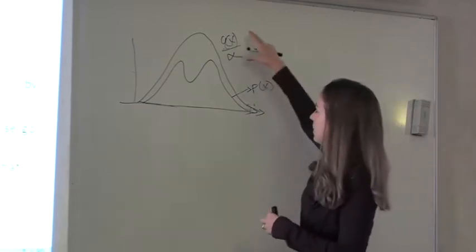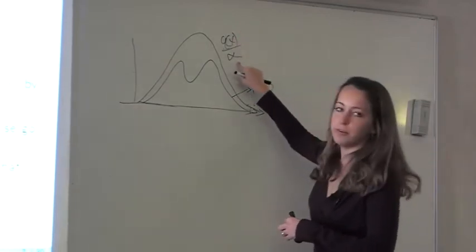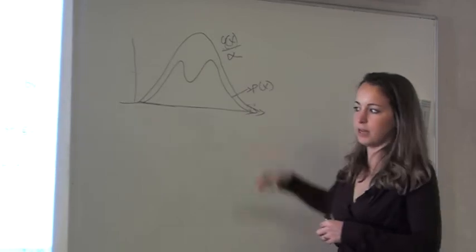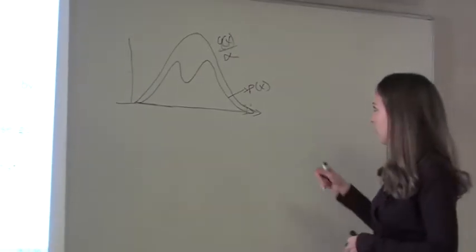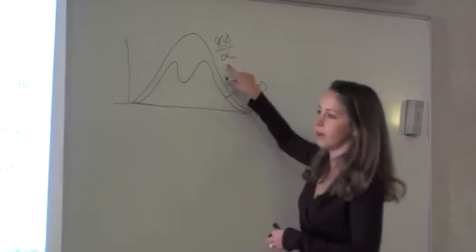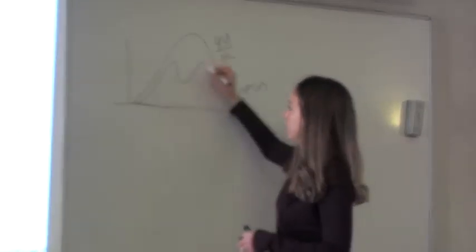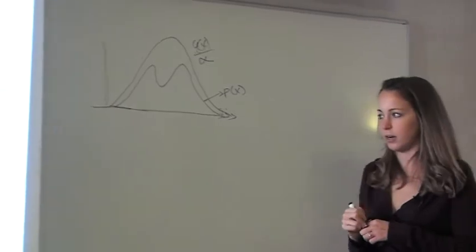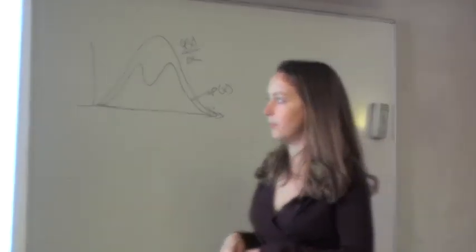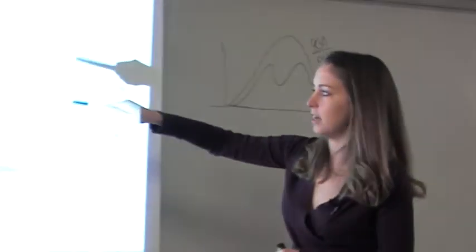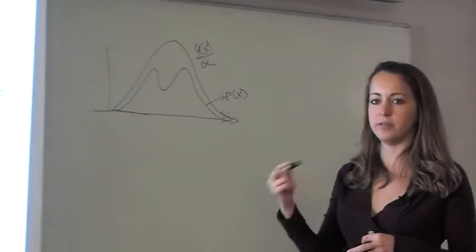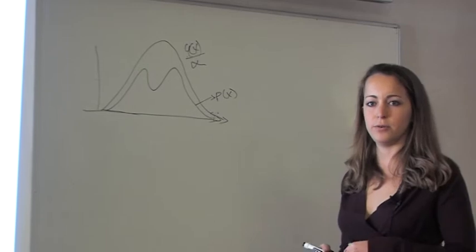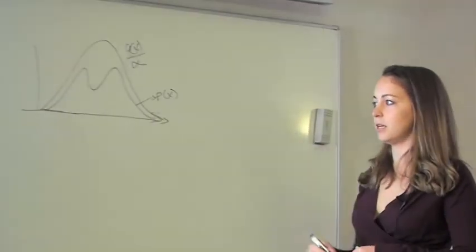So we want alpha to be as close to 1 as possible so that the number of rejections is small, which means that we want Q of x divided by alpha to be as close as possible to our target distribution. Another interpretation of alpha is that alpha inverse is roughly the number of steps it takes to accept a candidate.